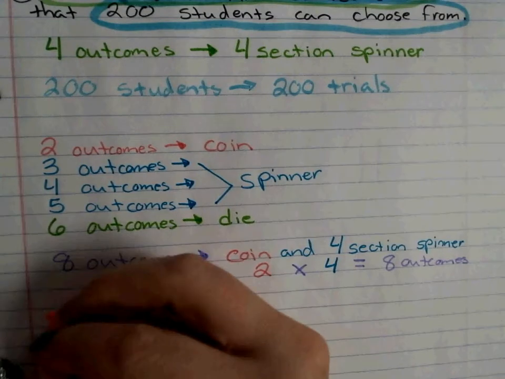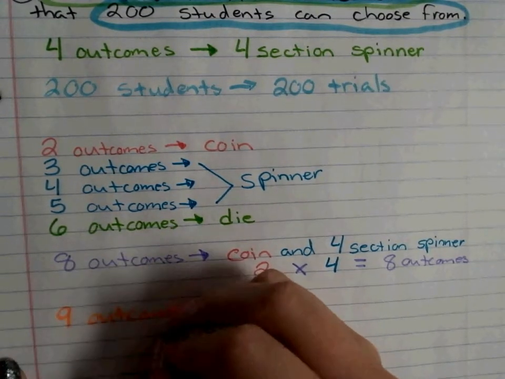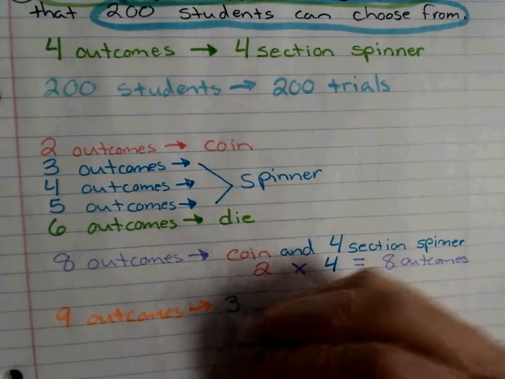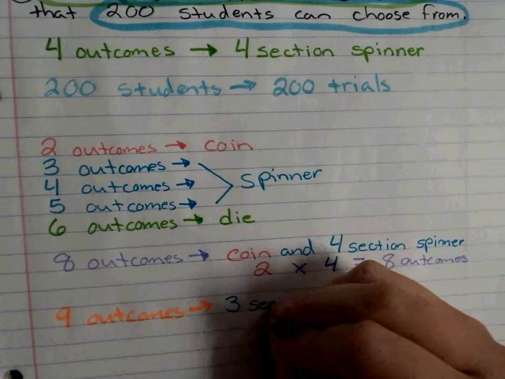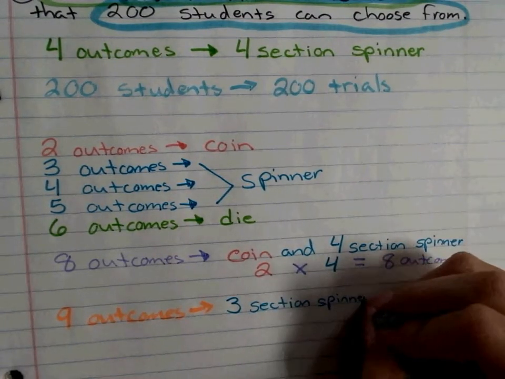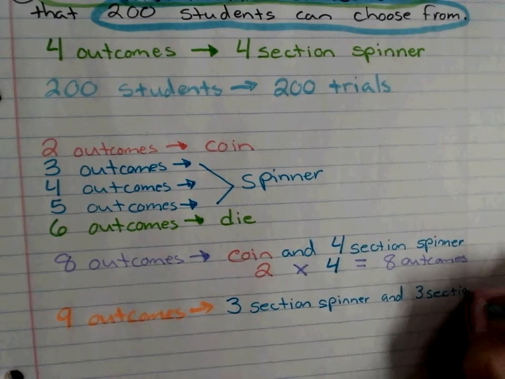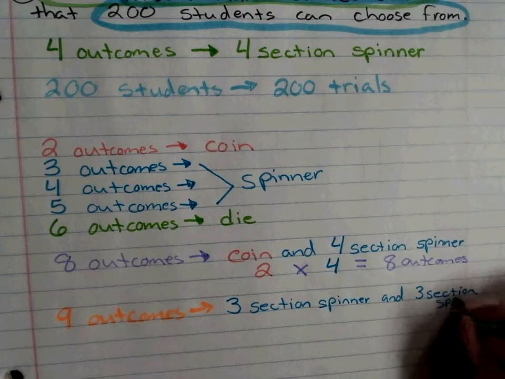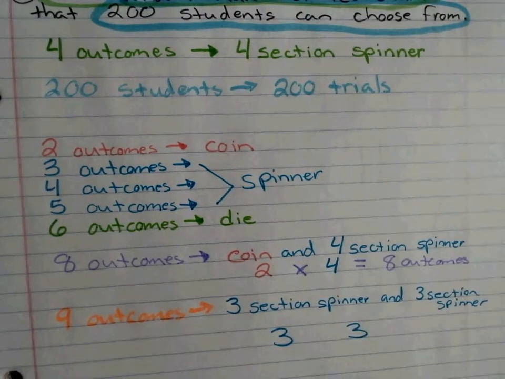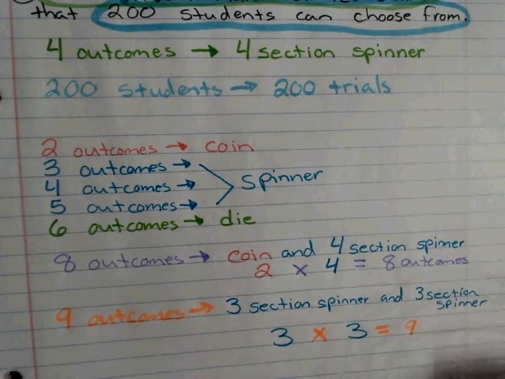So I'll even write that down. If we have 9 outcomes, we'll do a 3-section spinner and a 3-section spinner. Because again, 3 times 3 is going to give you 9.